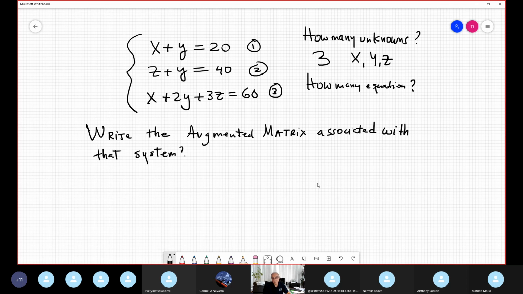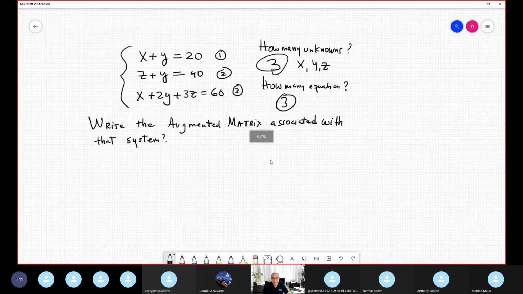Well, this is easy to remember. It's 3 again, no? We have 3 unknowns, and we have 3 equations, no? 1, 2, 3, right? So, when the number of unknowns and the number of equations coincide, 3 and 3, 4 and 4, 5 and 5, that means that this system is determinate.